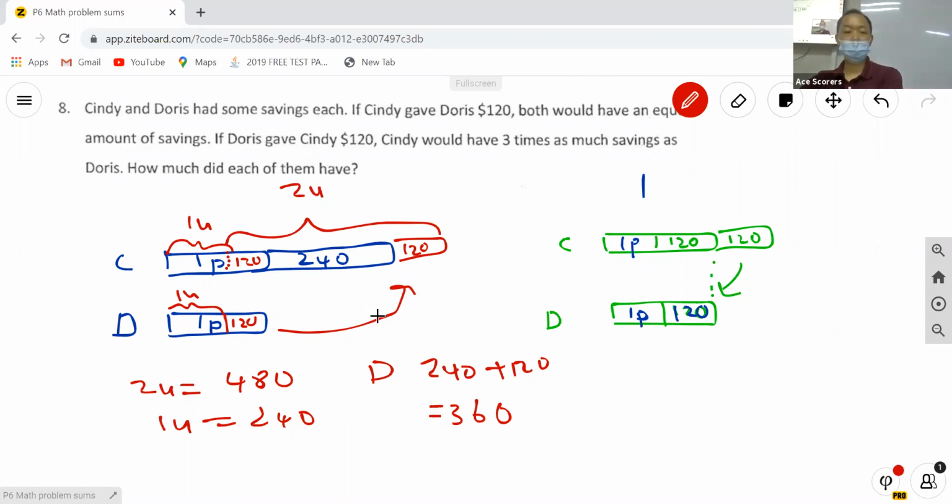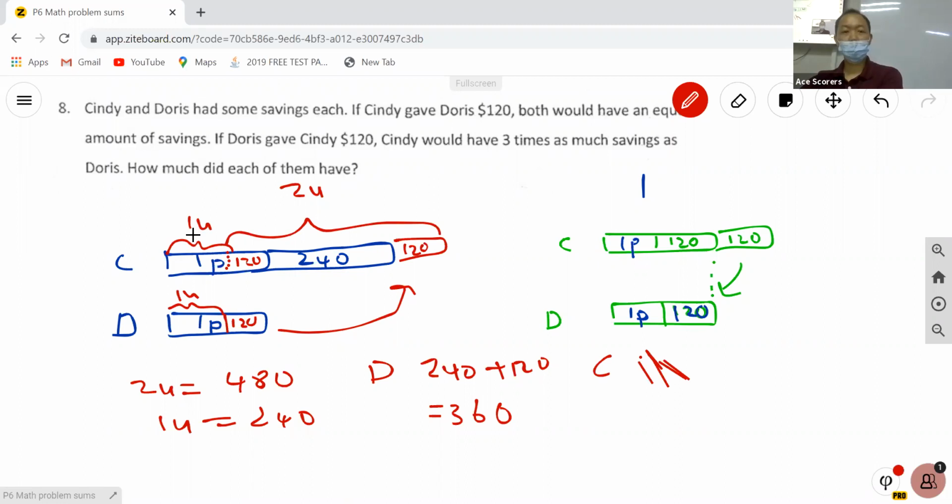So Cindy is actually 3 units minus 120. So 3 units is 720. Cannot write. 720. What? Why is 720?